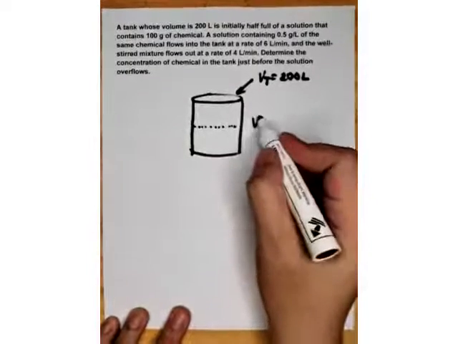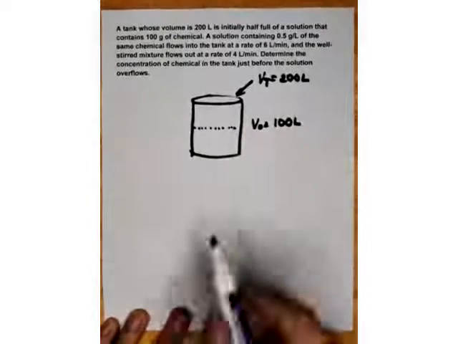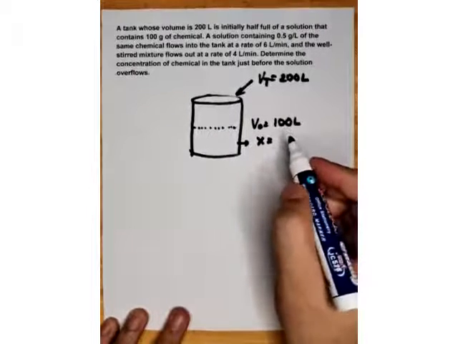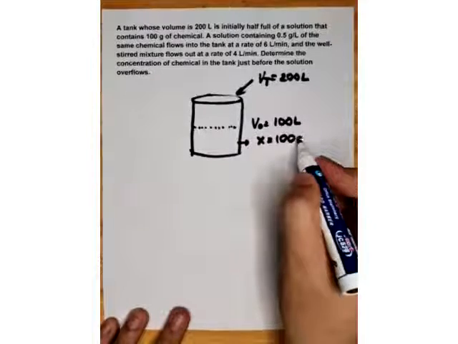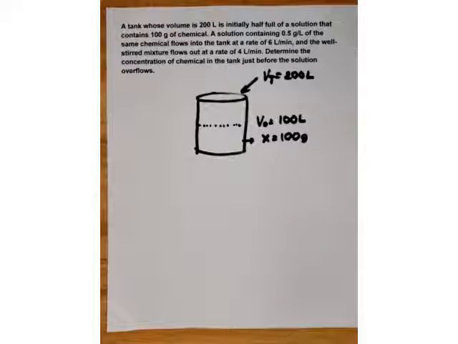So that means yung initial volume is 100 liters. And initially, there's a chemical which is 100 grams. Okay? Tama ba yung interpretation ko? So the total volume is 200, but it's half full. And it contains chemical of 100 grams.